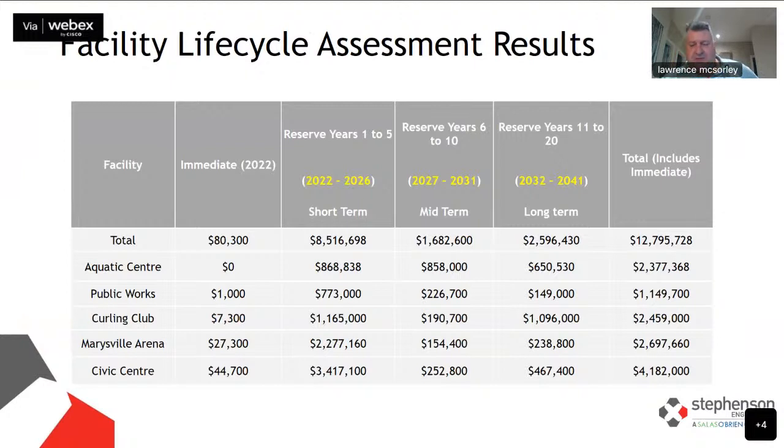The way this works is that we did some prioritization. So the next 5 years, some of those things are the ones that we recommend. If for some reason some of these get deferred, they obviously go into the next 5-year cycle. So there are always impacts to deferring certain things. The next slide.